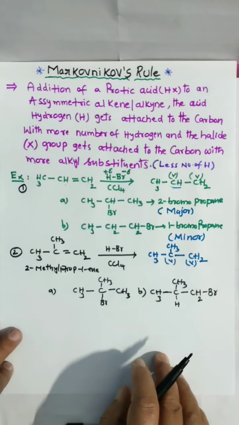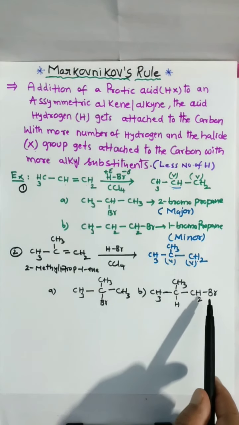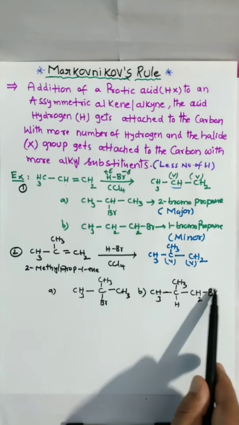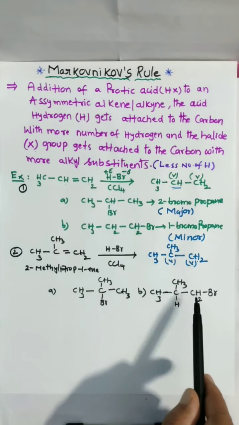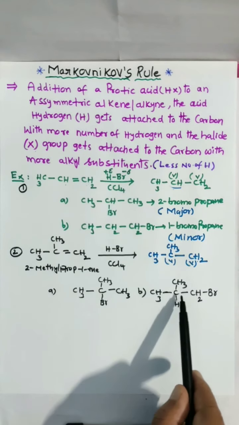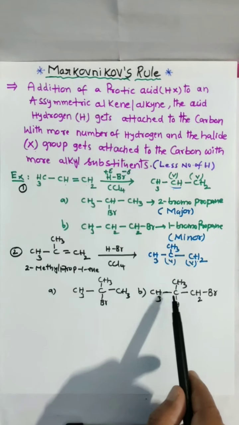Two products we got. According to Markovnikov rule, bromine or halogen attached carbon, if the halogen attached carbon has more alkyl groups, that product is major.